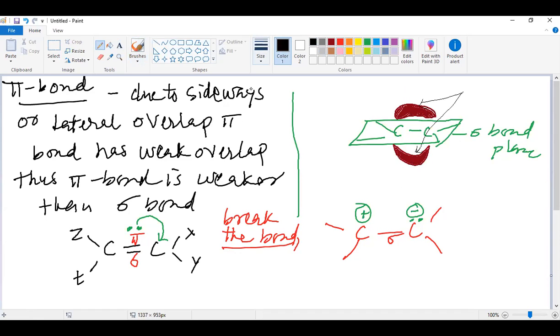Please remember, my dear students, the electron cloud of the pi bond.